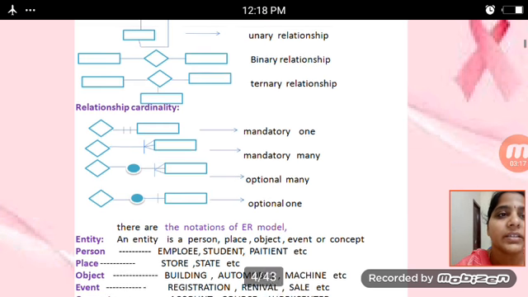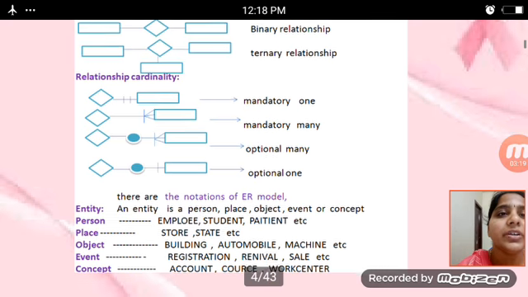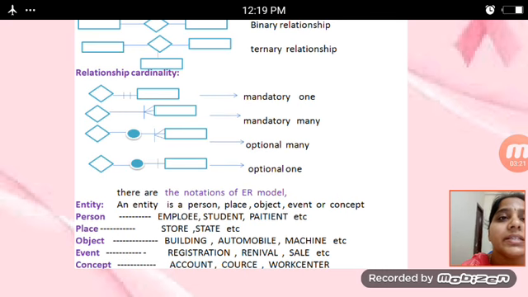In relationship cardinality, I am using symbols with a rectangle and a rhombus, which we call mandatory one. And then the next one is the rhombus symbol with three lines, indicating mandatory many. Three lines are there, that's why we call it mandatory many.